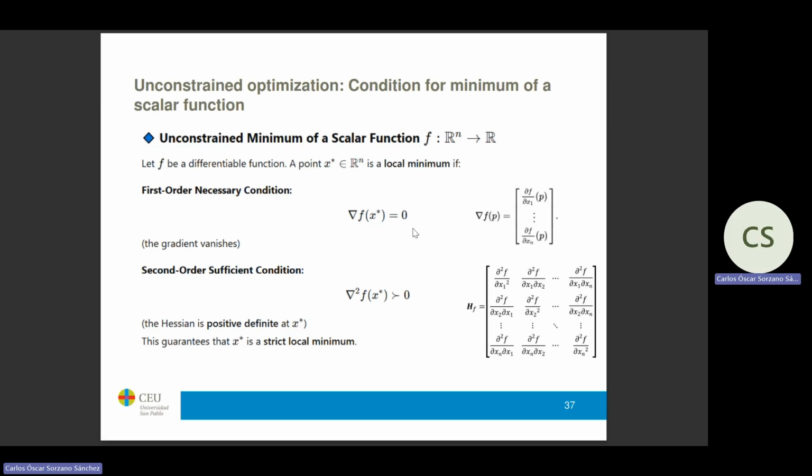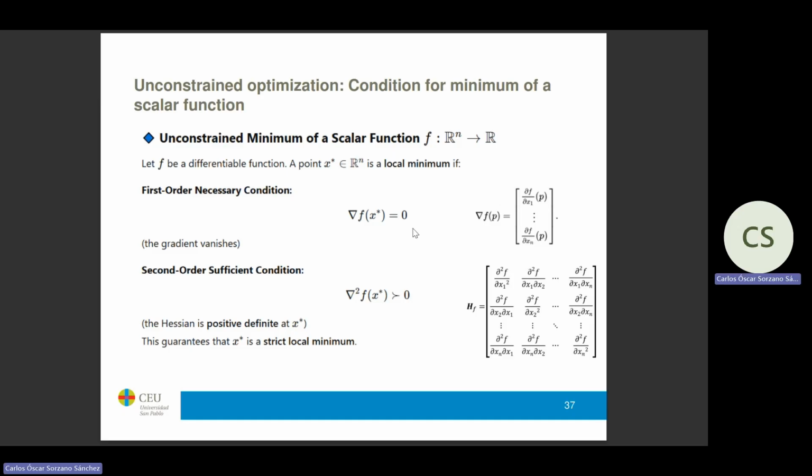The derivative for a vector valued function is the gradient, and the gradient has to be zero. Here you have the definition of the gradient. It is a vector of the derivatives of the function with respect to all the variables. You knew the gradient before, right?